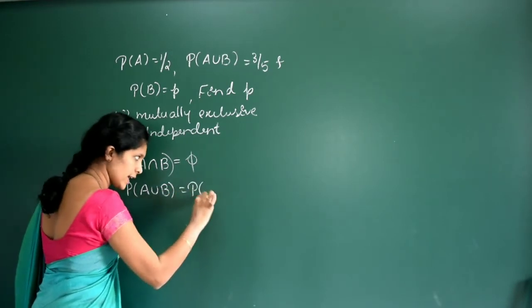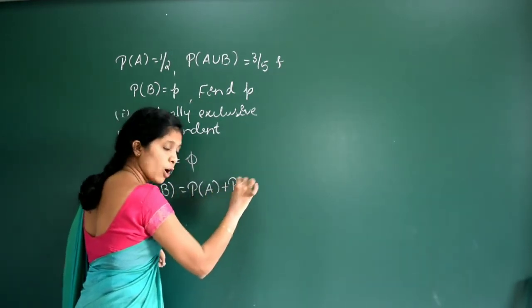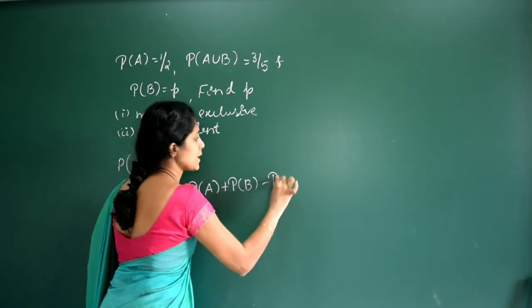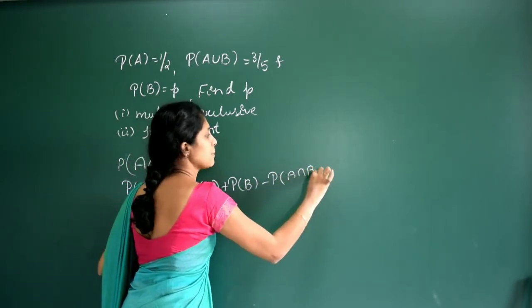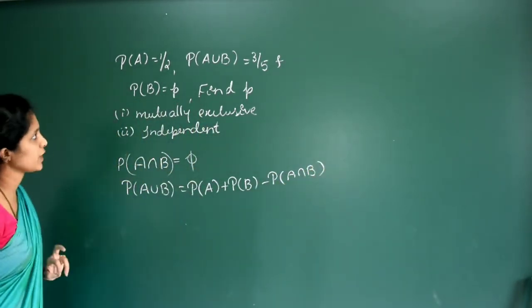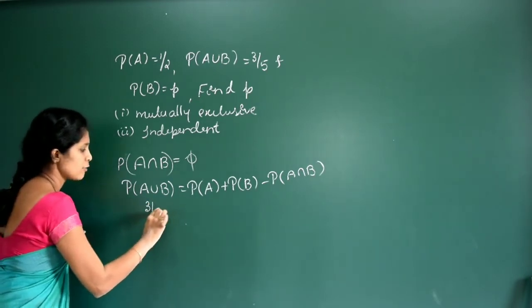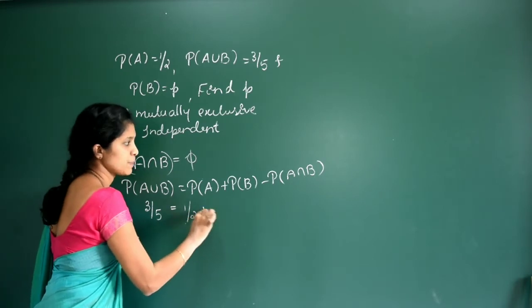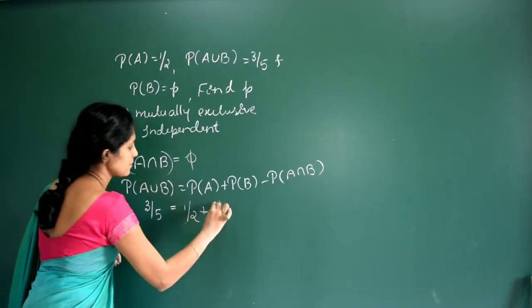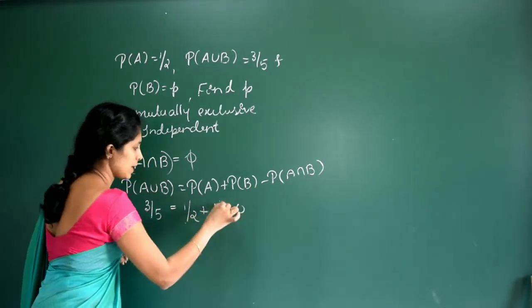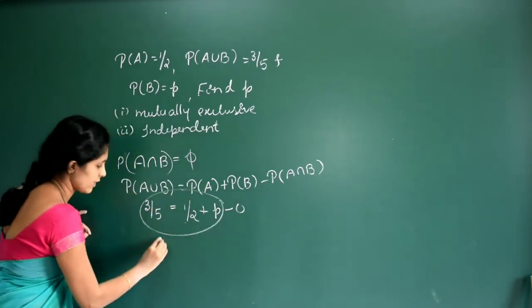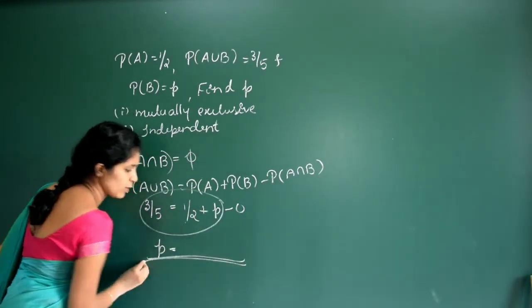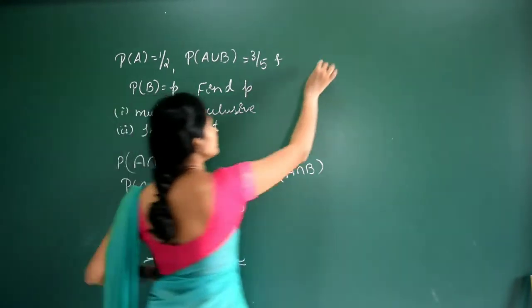P of A plus P of B minus P of A intersection B, right? So P of A union B is equal to 3 by 5 is equal to P of A is 1 by 2 plus P of B is P minus this will be 0. By simplifying this one, we will get the value of P. Okay, find the value of P. So this is the first one.